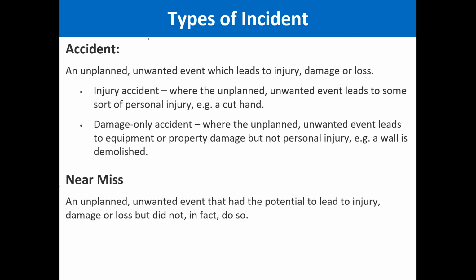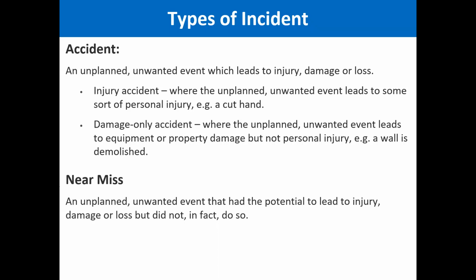Okay, so moving on. So these are the definitions. An unplanned, unwanted event which leads to injury, damage, or loss is called an accident. Then there could be an injury accident or a damage only accident. An injury accident is where the unplanned, unwanted event leads to some sort of personal injury, for example, a cut hand.